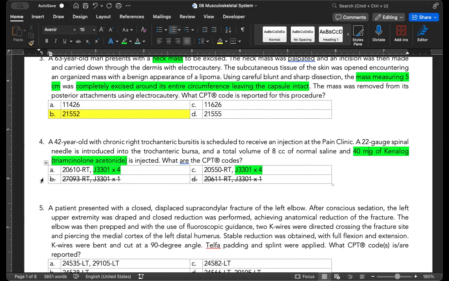So 20610 is going to be for an arthrocentesis, aspiration, or an injection that's done in a major joint or bursa, which includes your shoulder, your hip, your knee, or the subacromial bursa. And then it's without ultrasound guidance.